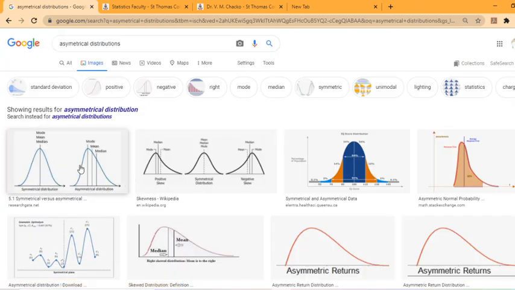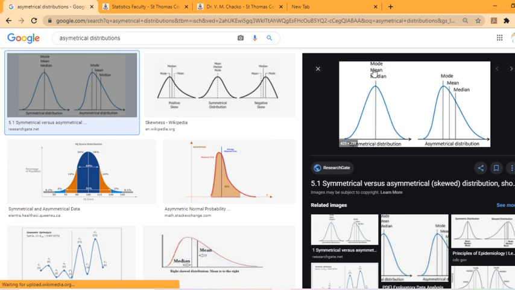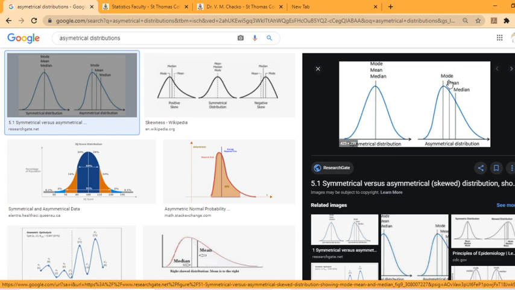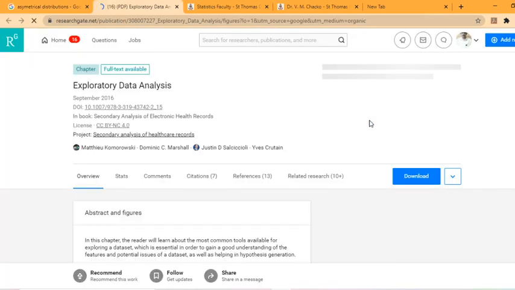Look at this distribution. In a symmetrical distribution, mean and median are the same. For an asymmetrical distribution, mean, median, and mode are different. So mean may not be a representative measure of central tendency in the case of asymmetrical distribution. In the case of a symmetrical distribution, we can use the mean as a measure of central tendency.